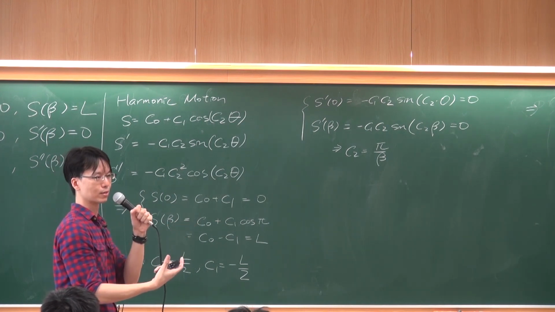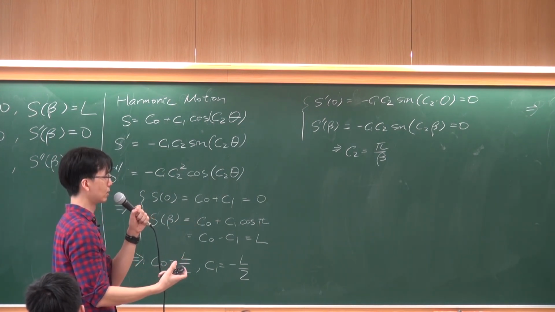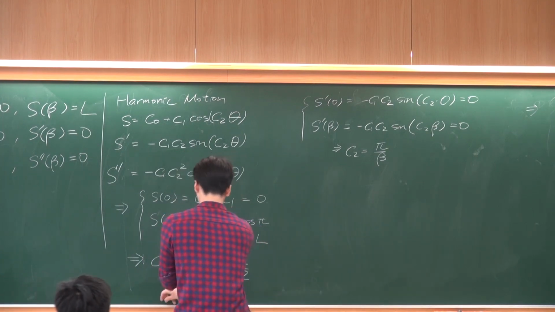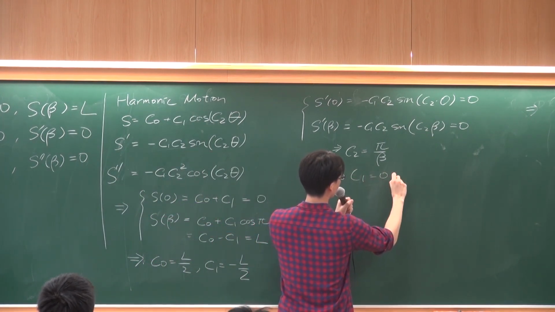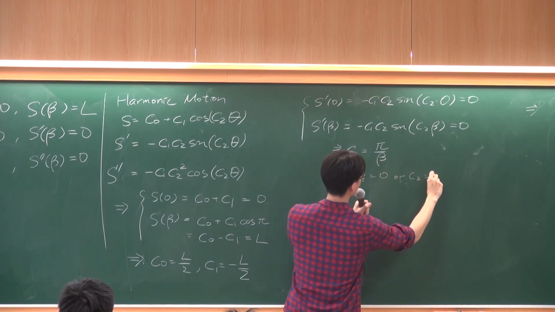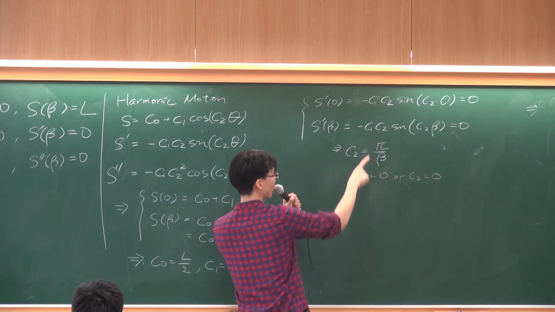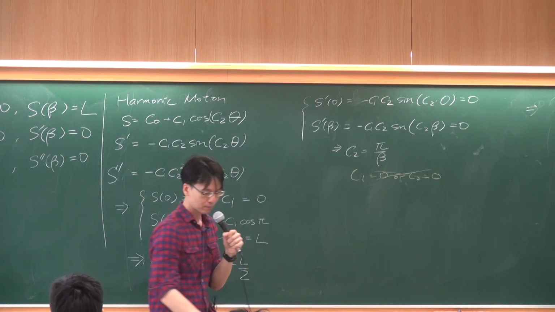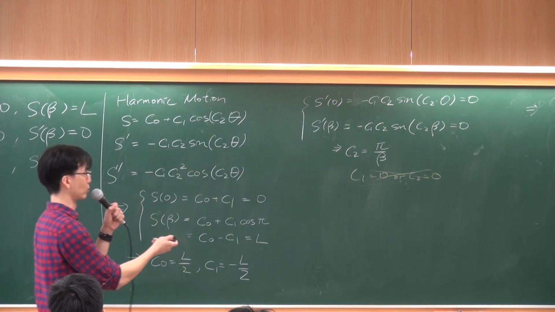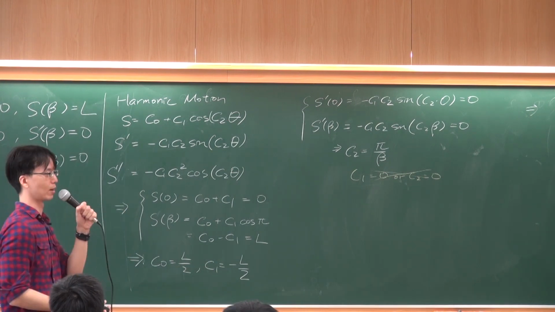Sine pi is always 0. Of course you can also make C1 equal 0 or C2 equal 0 to satisfy this equation, but this is not a good choice because it's a trivial solution. You'll make the whole term become 0.